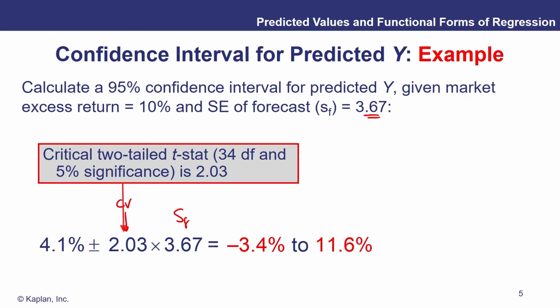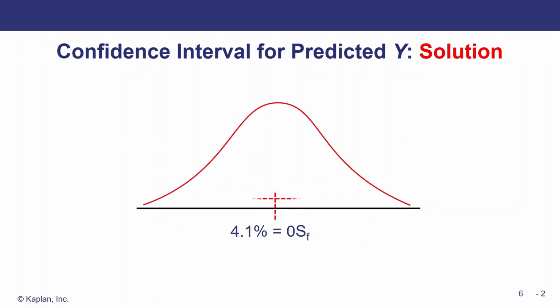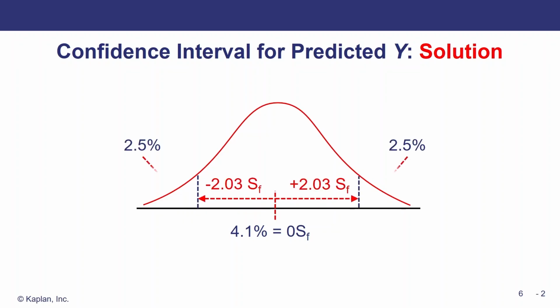Okay, so we are 95% certain that the true population value of the dependent variable would lie between minus 3.4 to positive 11.6%. Again, if you want to think of that as a t distribution, let me just do that again. There's my t distribution. There is my predicted value of 4.1%.